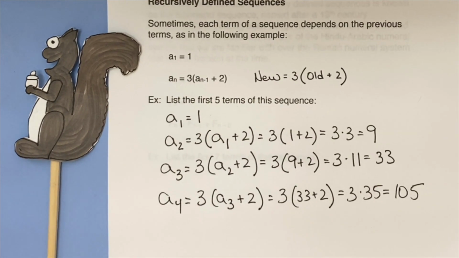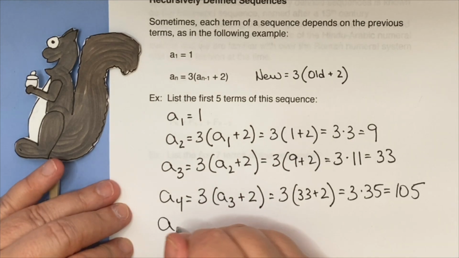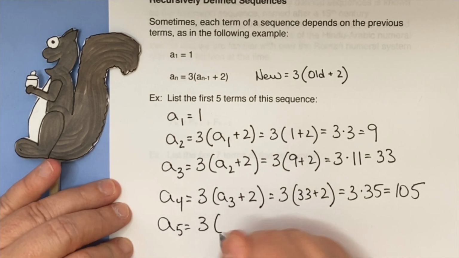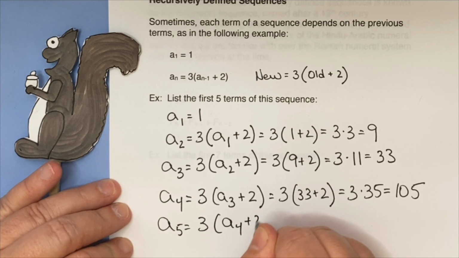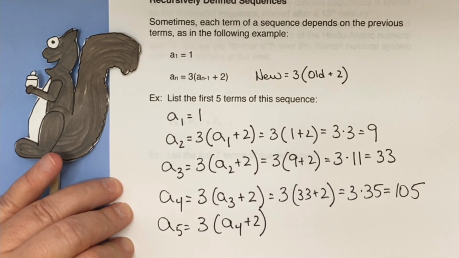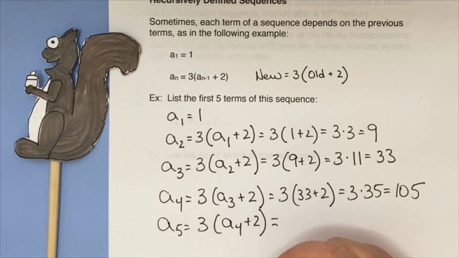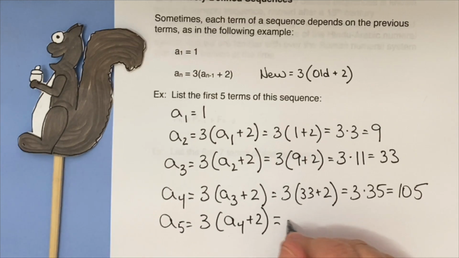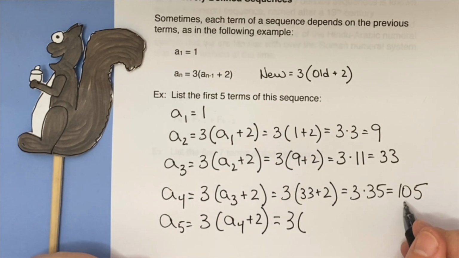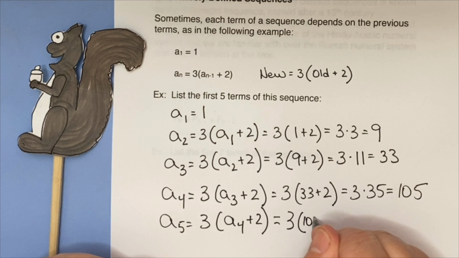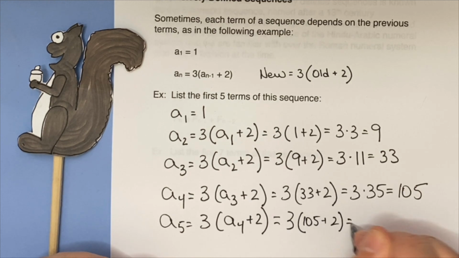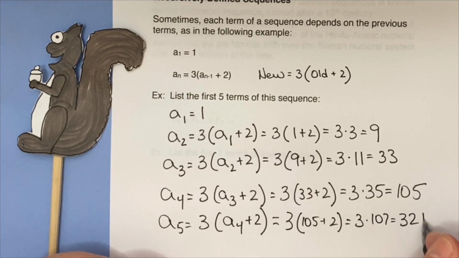And then a sub 5 is 3 times the quantity a sub 4 plus 2, which is equal to 3 times 105 plus 2. So that's 3 times 107, which is 321.